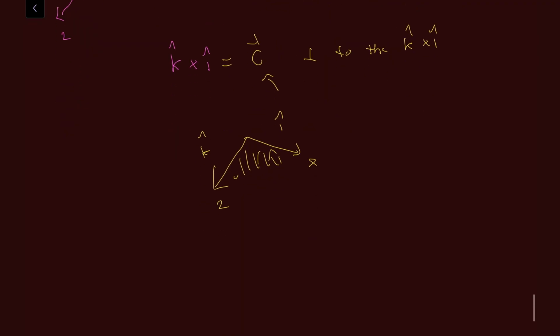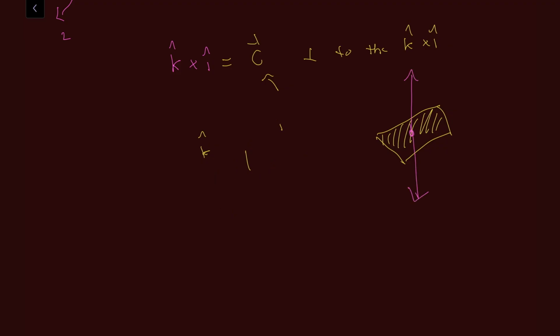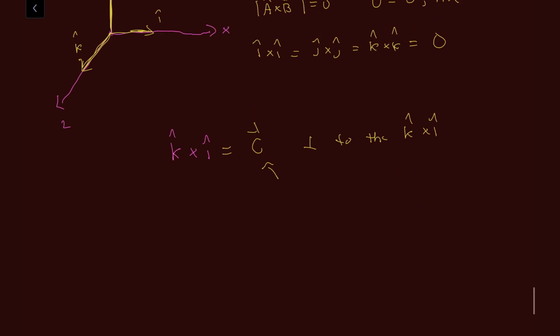So for a vector named C to be perpendicular to both of these vectors, it's the same thing as saying that this vector has to be perpendicular to the entire plane. And that can only happen in two directions. It's either going up or it's going down out of the plane. And the right-hand rule pretty much lets us know if it's going up or down, into or out of the plane.